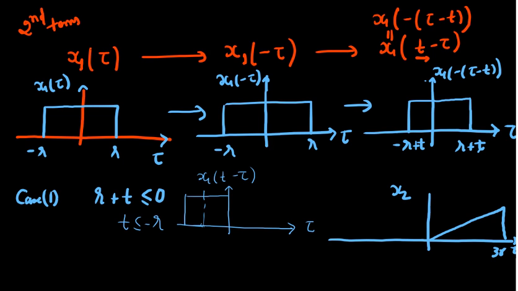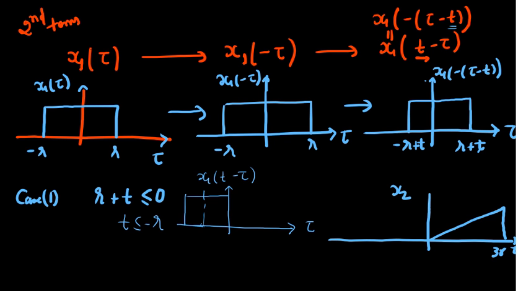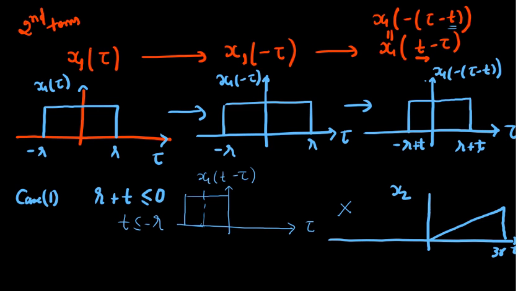When we say we are right shifting this signal, it is under the condition that t is positive. But as you can see when we plot our signal, t can also take negative values. So when t is less than or equal to minus r, since we multiply these signals, we have to take the limits of integration such that both signals are non-zero.